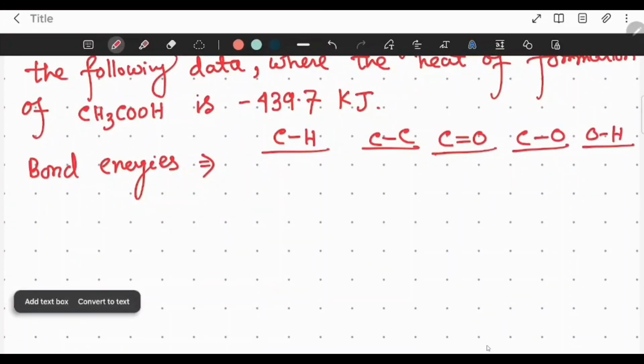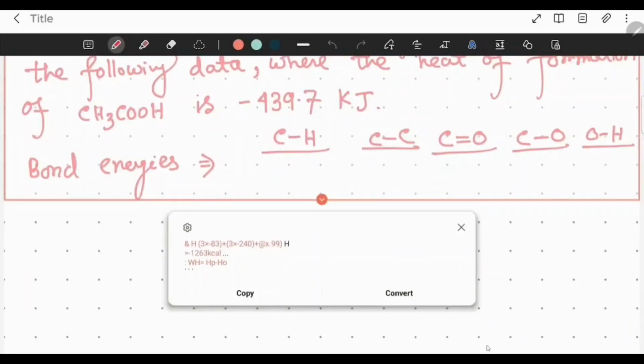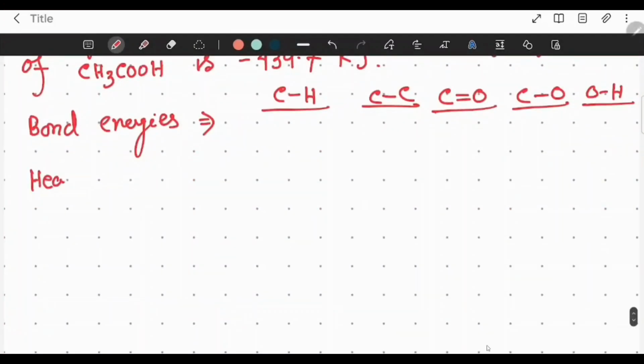And also heat of atomization is given for carbon, oxygen, and hydrogen.